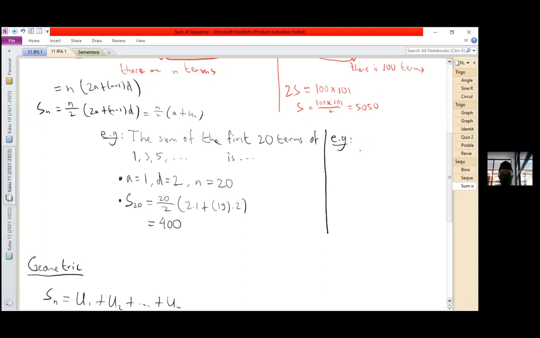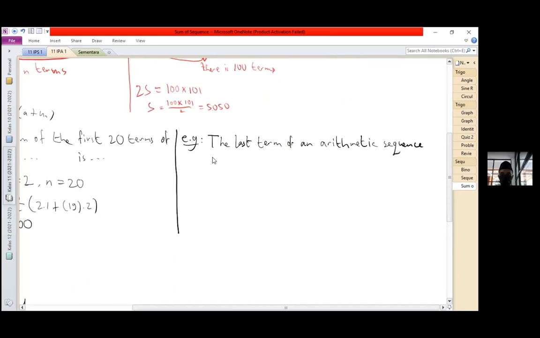So let's say the last term of an arithmetic sequence is 152.